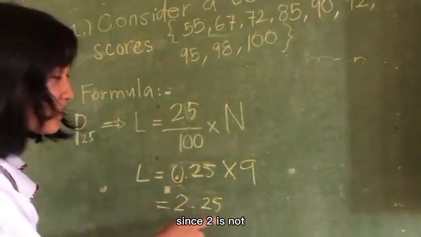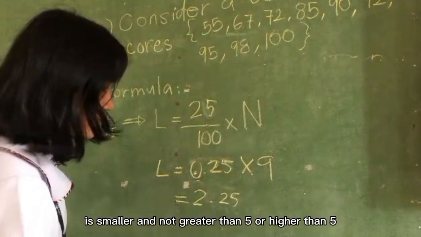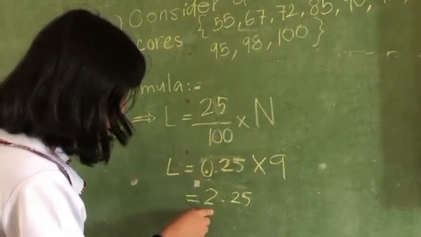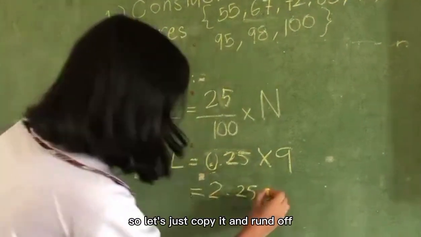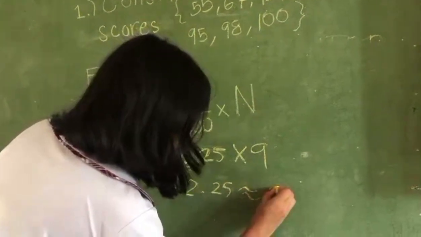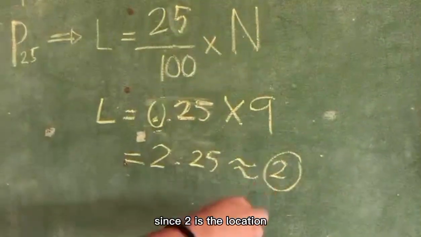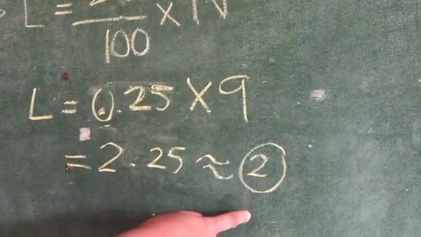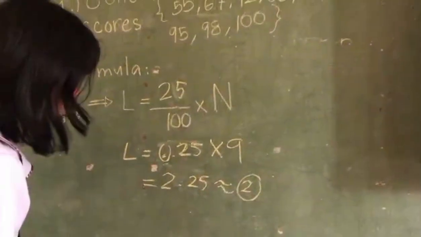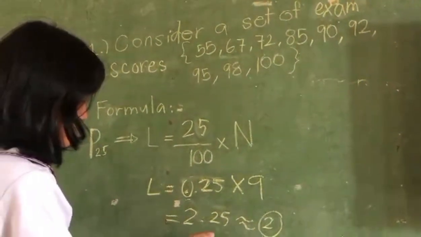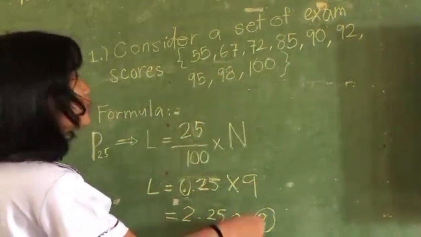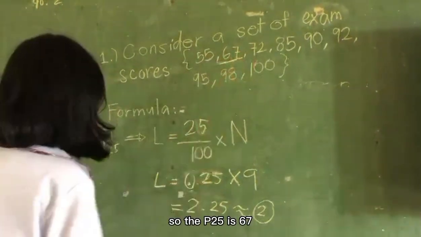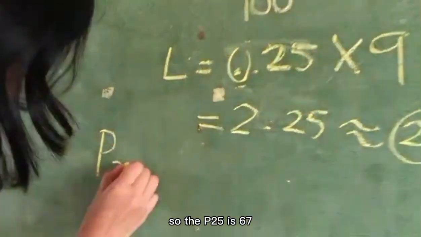Since the decimal part is smaller than 5, we round off to 2. Since 2 is the location, let's count 1 and 2. Since it's a decimal and not a whole number, we round and count 1, 2. So the P25 is 67.